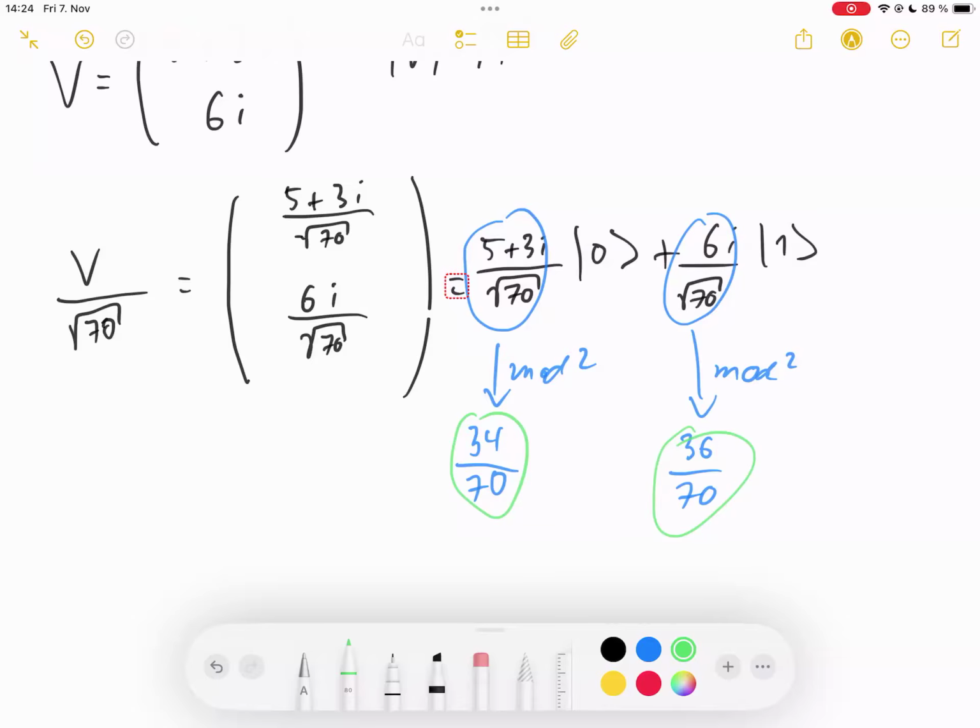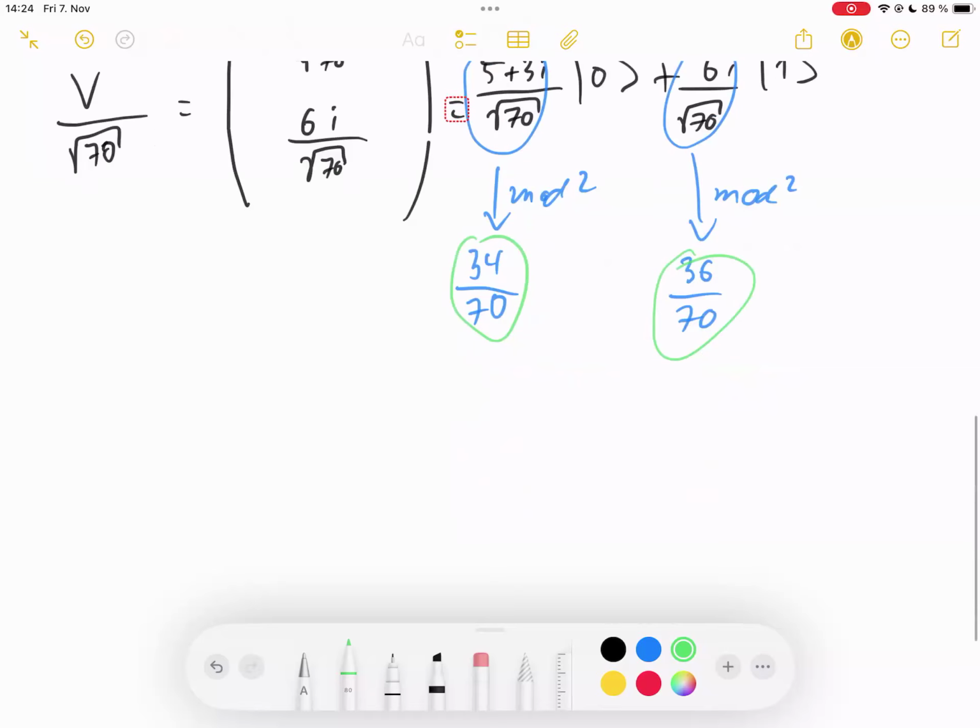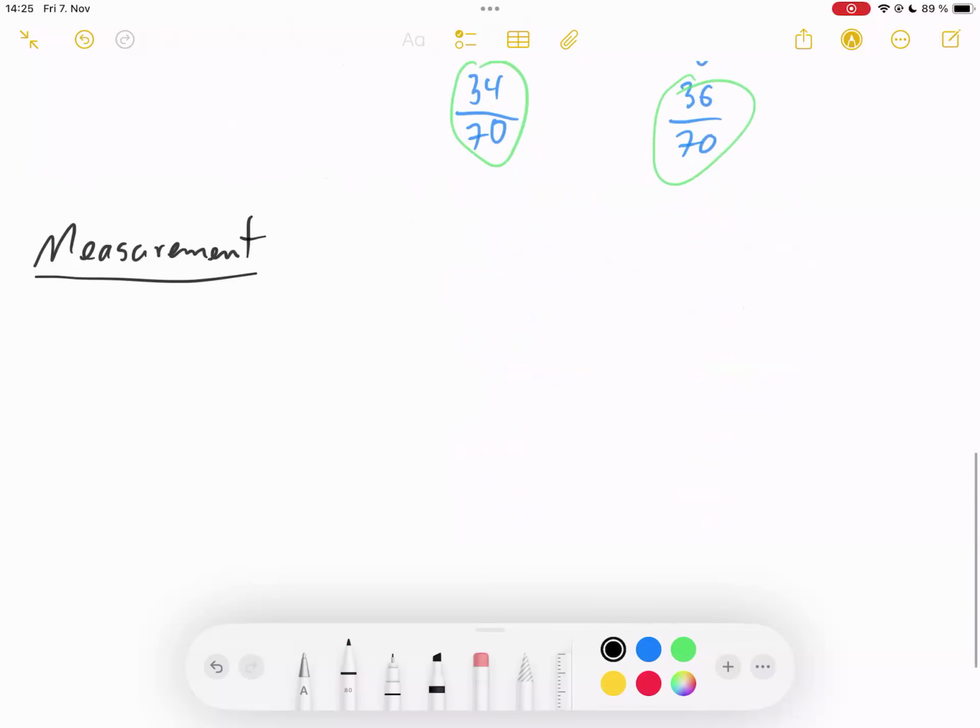When it comes to the measurement, all I'm showing you is also written neatly in the slides, but we just visualize it here. So if I have my qubit, C0 and C1, there are two ways.